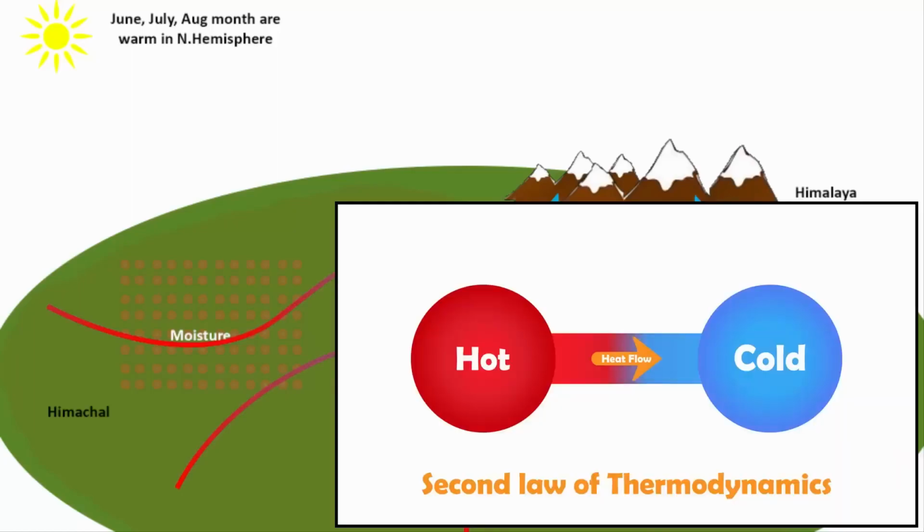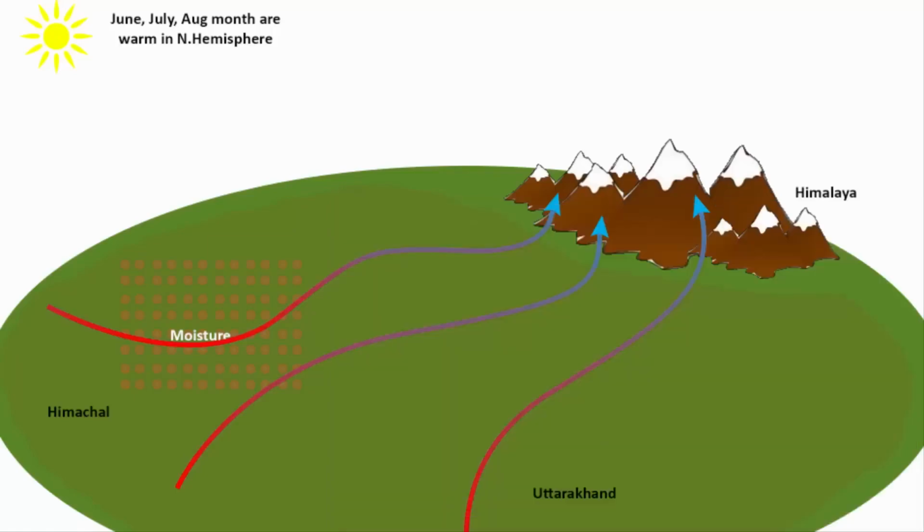So what the laws of thermodynamics tells us is that heat moves from areas of higher temperature to areas of lower temperature. That means heat can move anywhere, up and down, sideways, depending on the situation. And the situation is the temperature difference. Temperature difference is really what drives heat to move in any given direction. That is how the warm air of northern India moves towards the Himalayan region during the summer season.